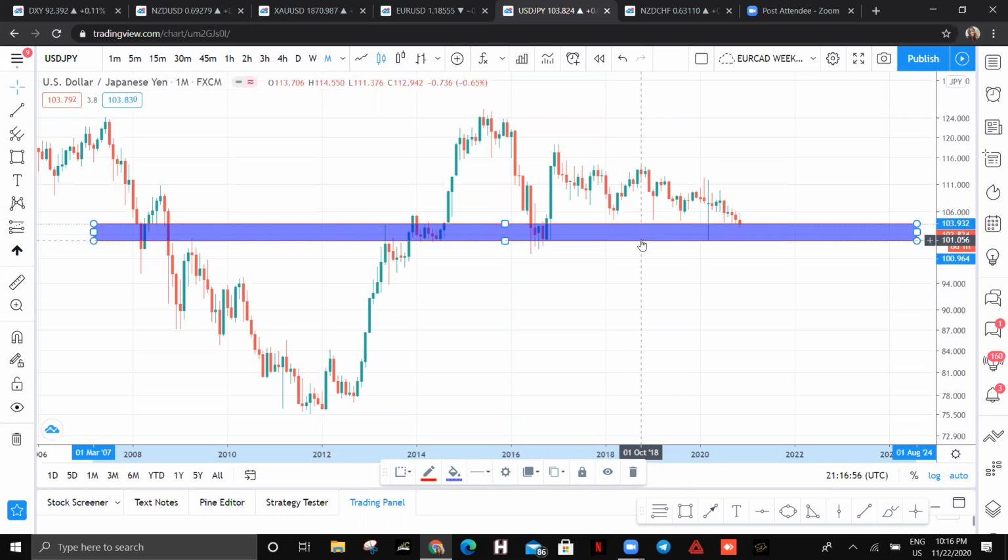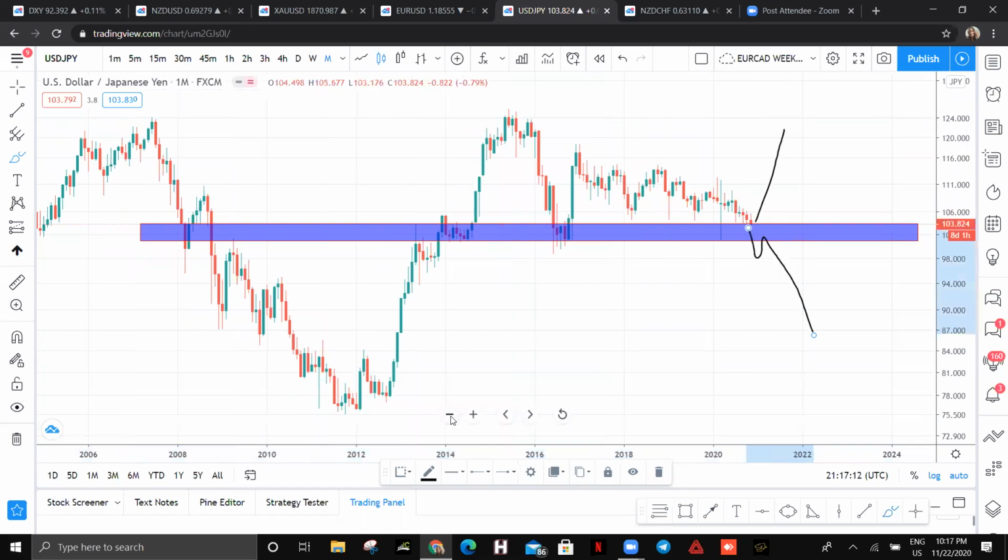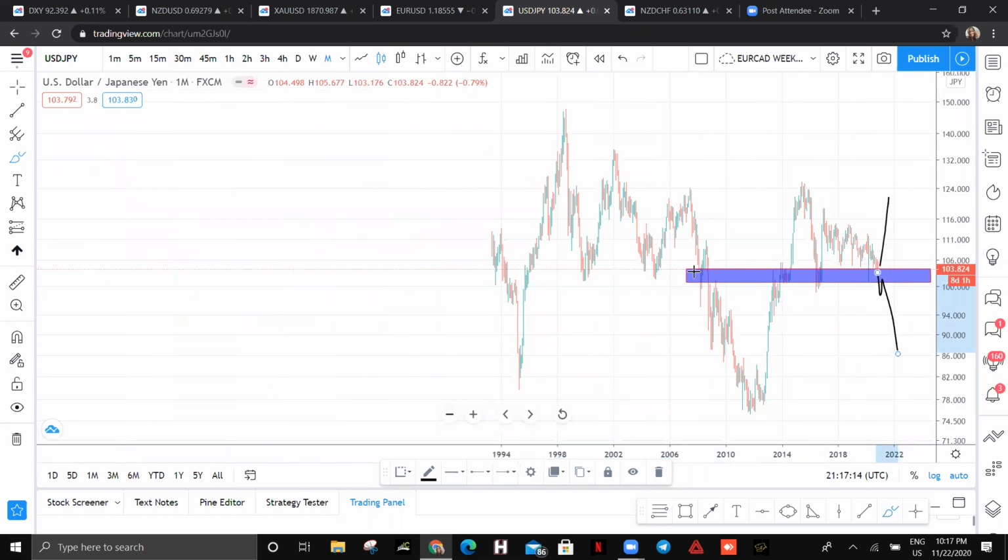So I'm expecting this move here to bounce back off, or break out of this, retest this, and do what? Boom. But if this doesn't happen, the bearish bias is what? Still strong.